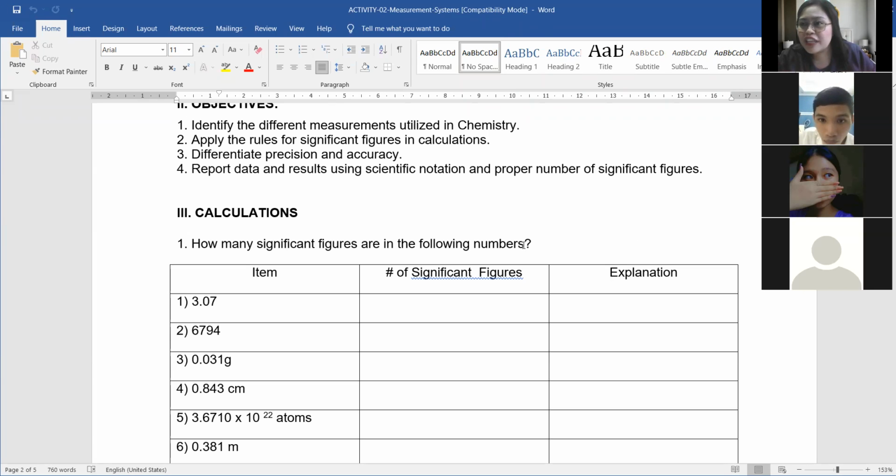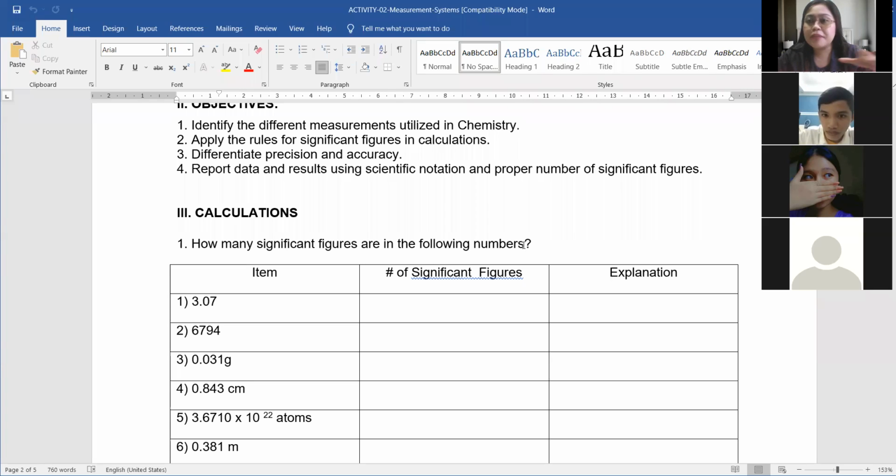I-research ninyo ni, you read that one, and imong i-understand. Katong sa mga STEM, mahimo na lang siya a sort of review since you already had this in your senior high. Katong mga non-STEM, I think it's your first time to acquaint yourself with significant figures. So you research the rules, try to understand it, and try to apply the rules in answering the following problems.